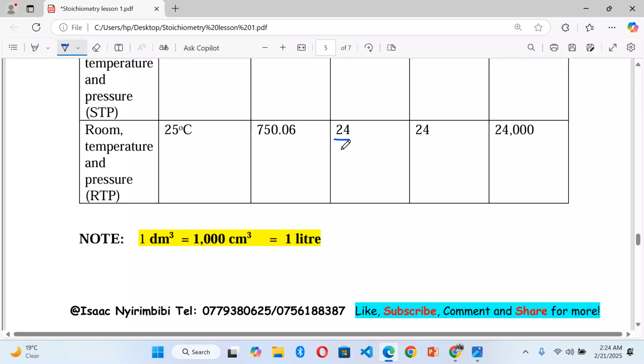If you know this, then you can know this by using the conversion. 1 decimeter cubed is the same as 1 liter. That's why we have 24, we have 24. But 1 decimeter cubed is equal to 1000, so when you use this conversion, you can convert 24 decimeter cubed to cubic centimeters, and you will get 24,000 cubic centimeters.